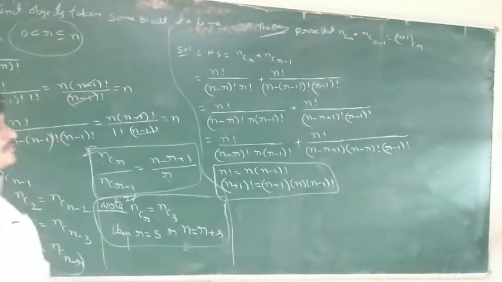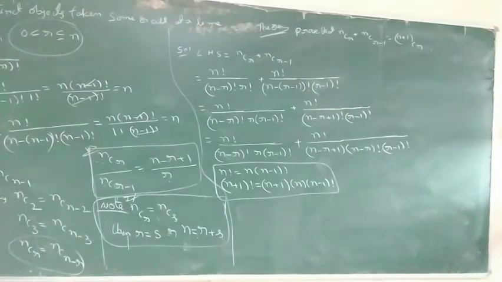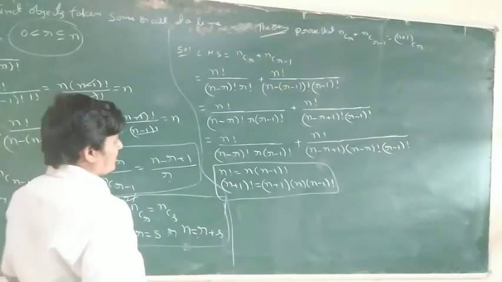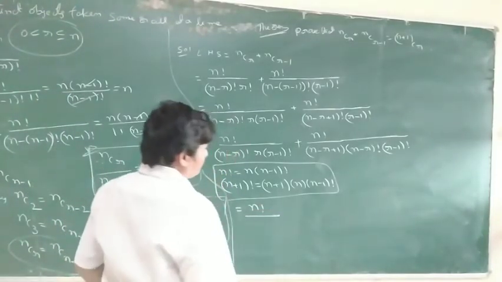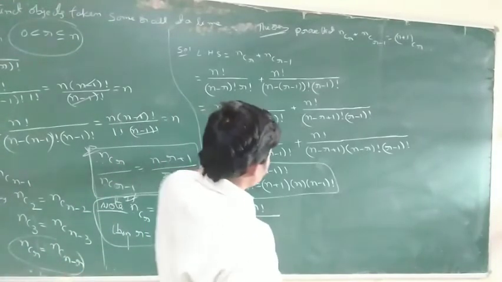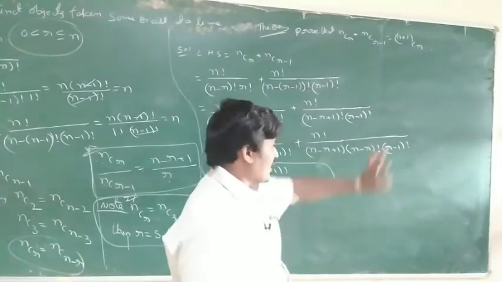(n minus r plus 1) factorial is equal to (n minus r plus 1) into (n minus r) factorial. Common: in the numerator n factorial, in the denominator (n minus r) factorial is there and (r minus 1) factorial is there.